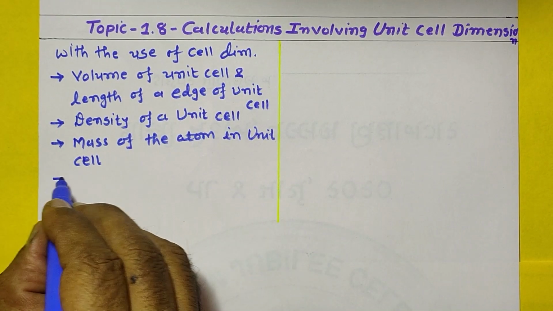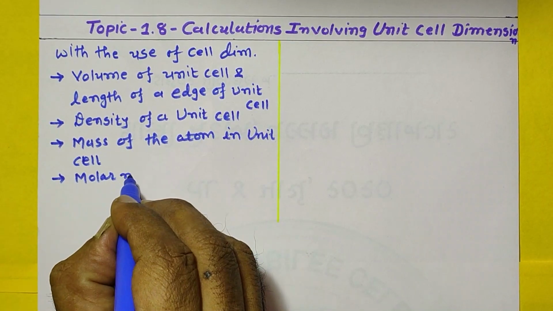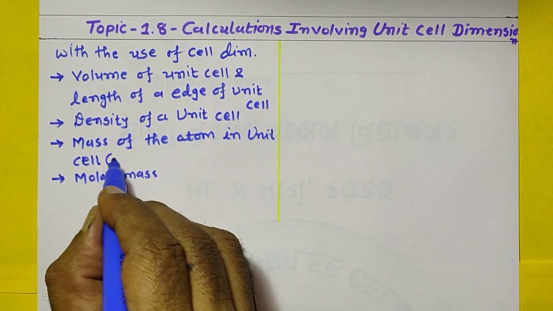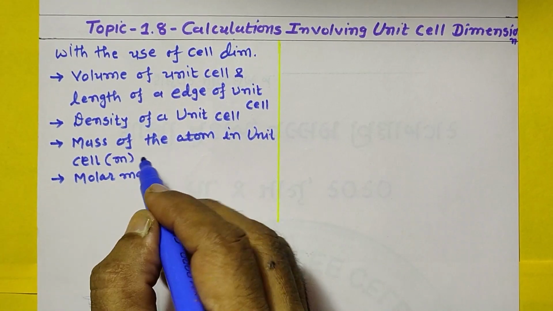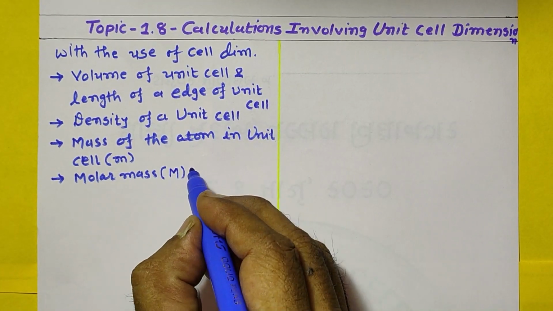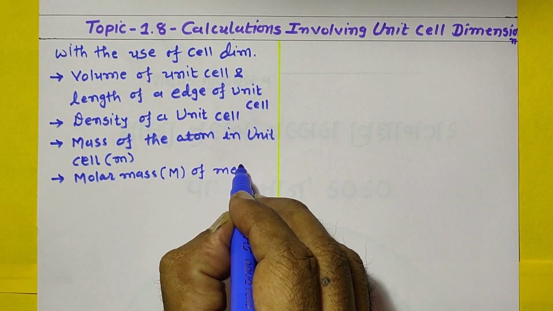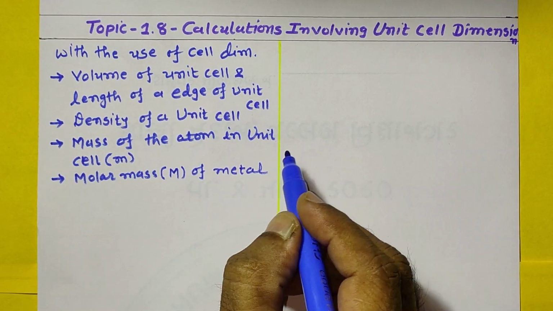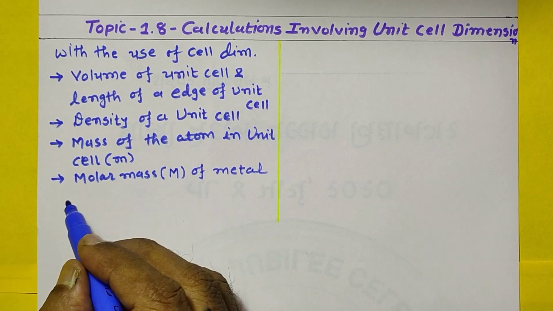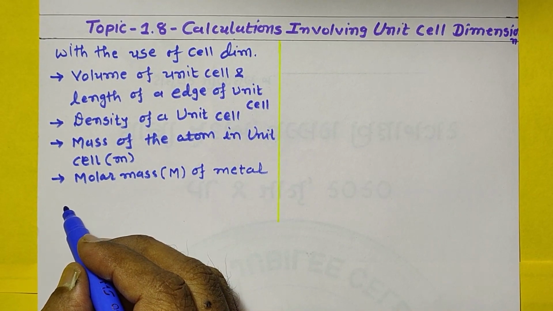And fourth one is molar mass. Mass of the atom in unit cell is known as small m, keep in mind, and molar mass of a metal is known as capital M. These are the four outcomes to calculate. It is very much required to know about the dimensions of the unit cell.